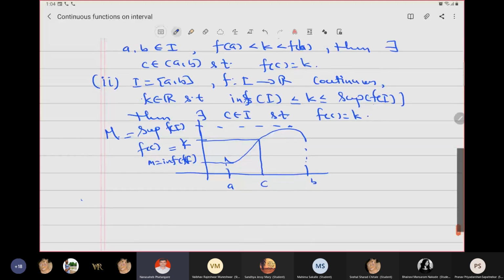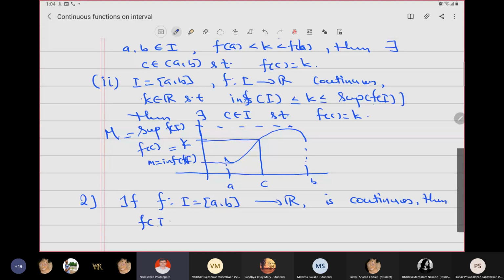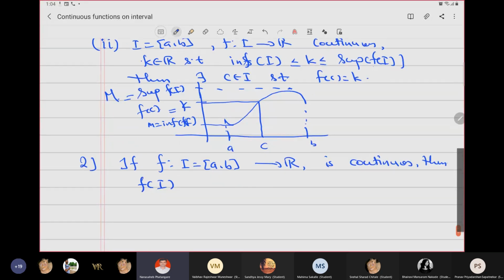So second, what we discussed: if f is a function defined on a closed and bounded interval and is continuous, then what is the conclusion? Preservation of interval. So the range of f, which is f(I), is equal to [m, M], right?